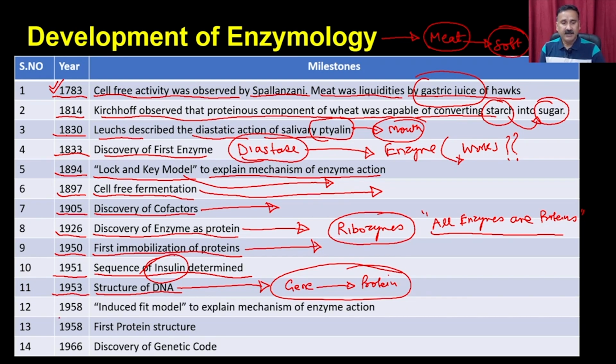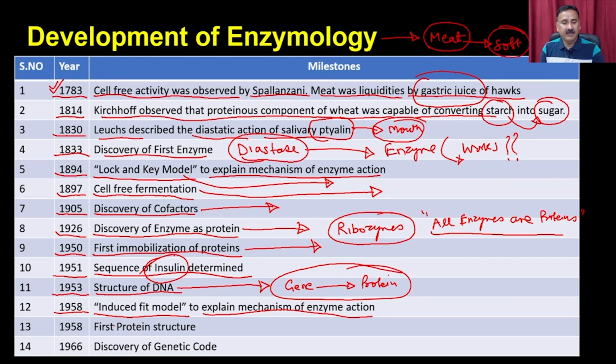Then in 1958, another model was proposed to explain the mechanism of enzyme action, called the induced fit model. So you see that in 1894 people proposed the lock and key model, but in 1958 people developed the induced fit model.